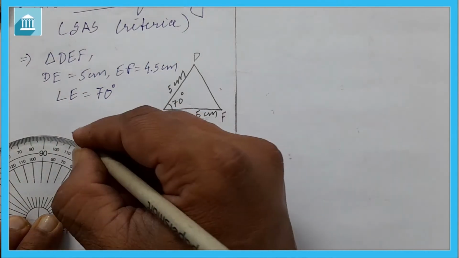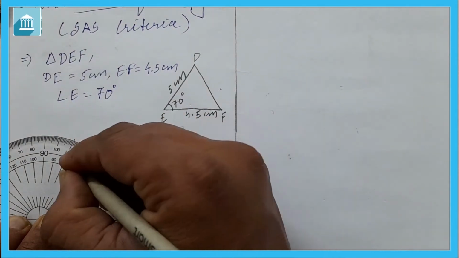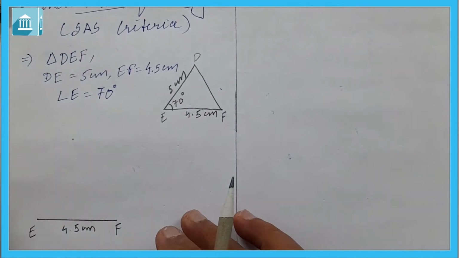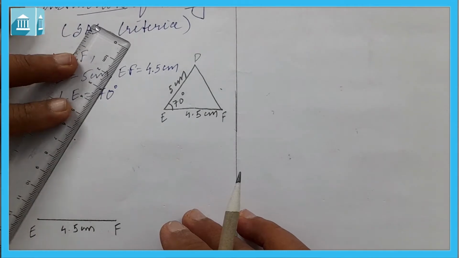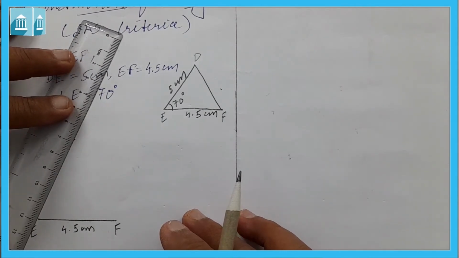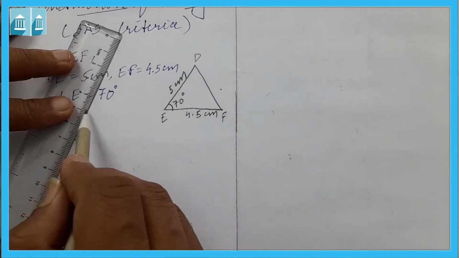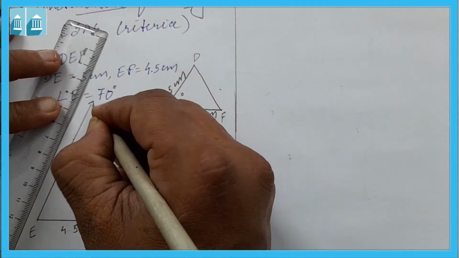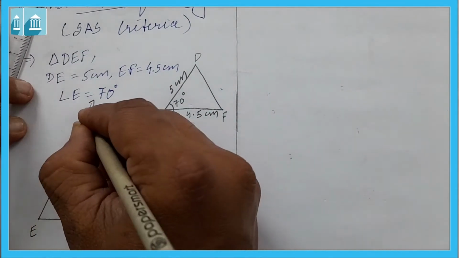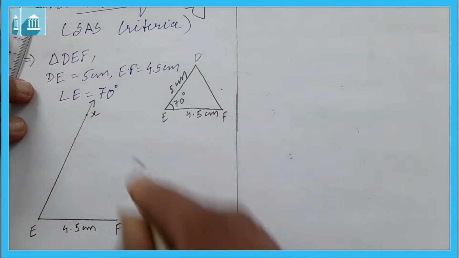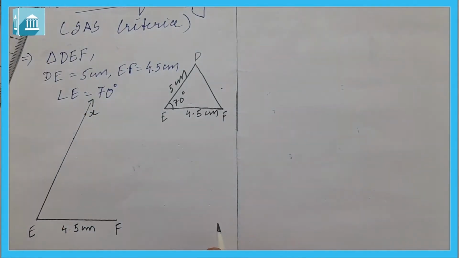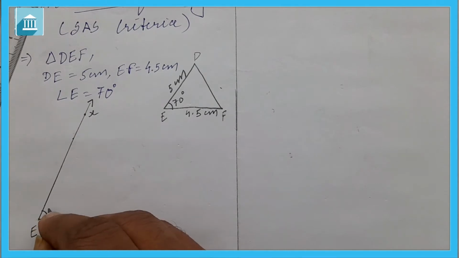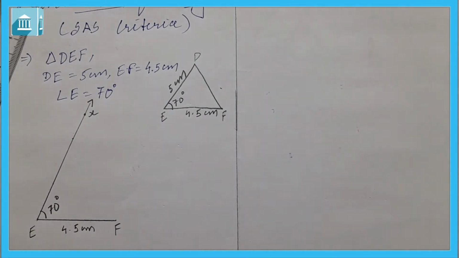So we will take this 70 degree here, that is like this. Mark this here as X, angle FEX as 70 degree. This angle will be 70 degree.